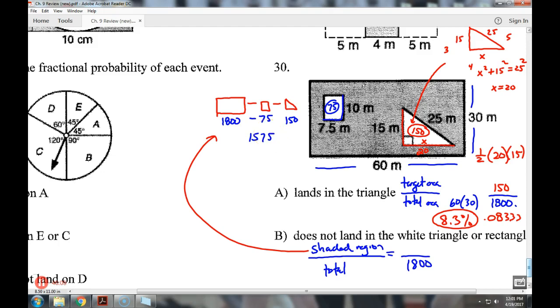That is the shaded region. So divided by 1800, I get 0.875, or you have an 87.5% chance of landing in the shaded area.